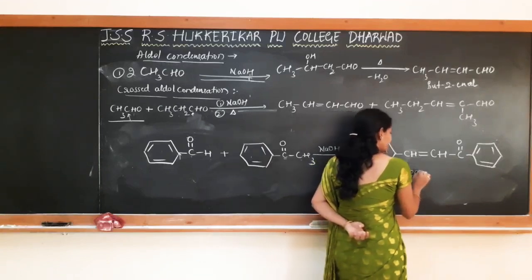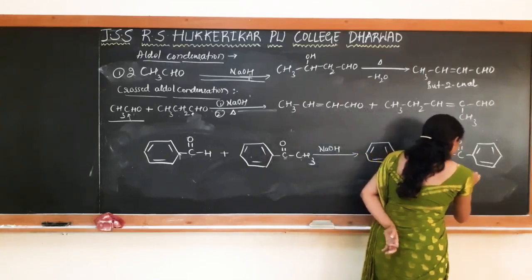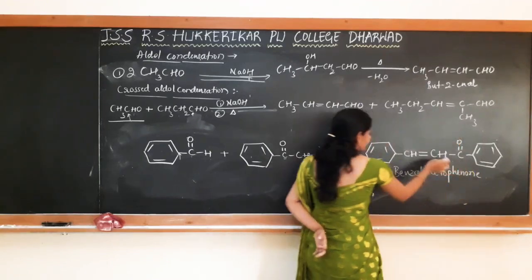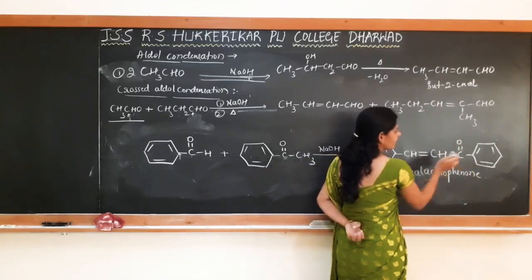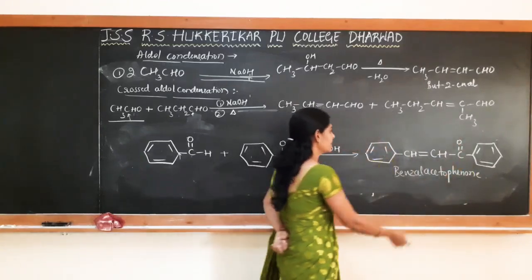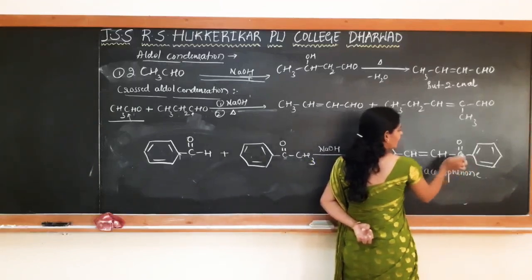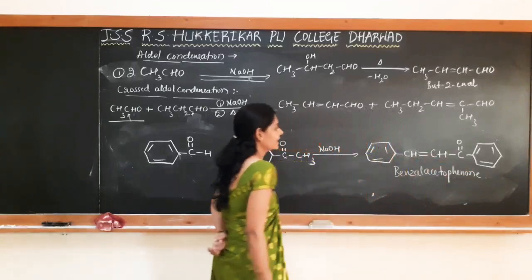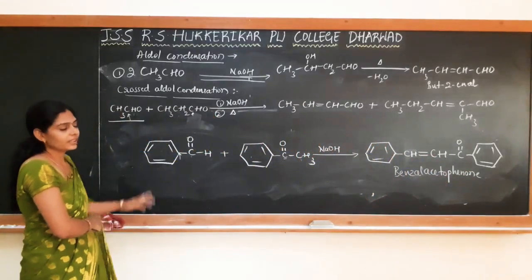The common name is benzalacetophenone. The IUPAC name is 1,3-diphenylprop-2-en-1-one. Commonly called benzalacetophenone. So this is an example for mixed aldol condensation.